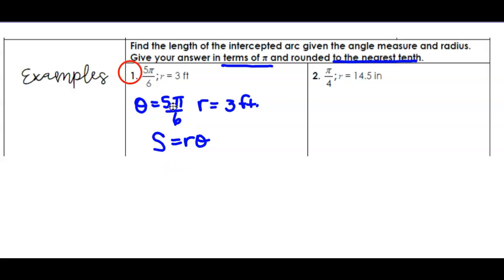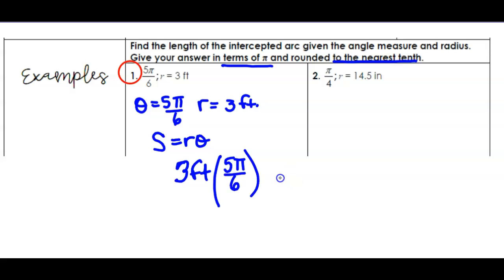It's already in radians, which it has to be, so we're going to put 3 feet times 5 pi over 6 radians.